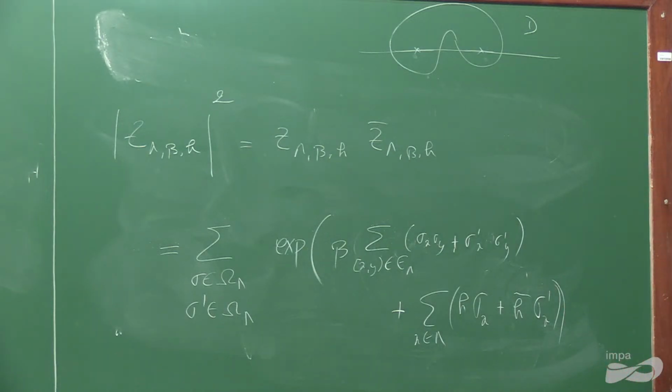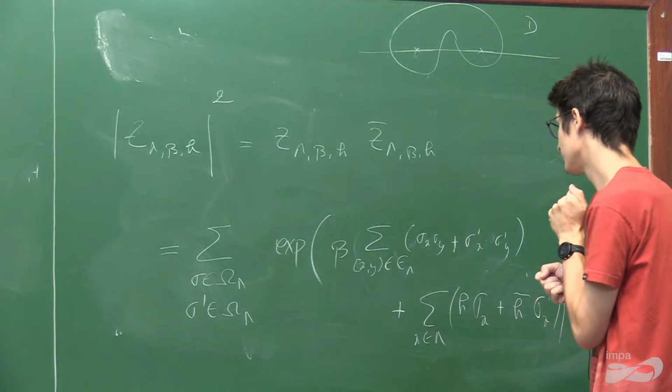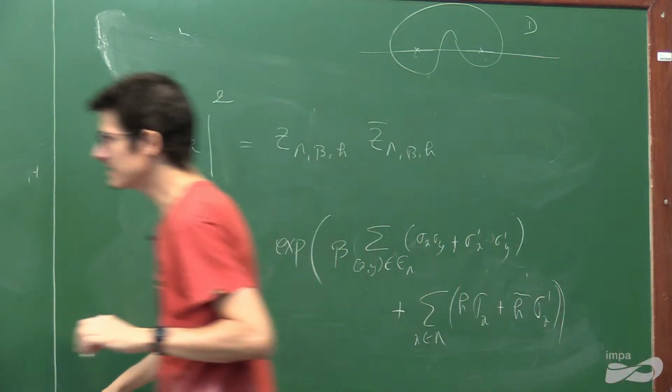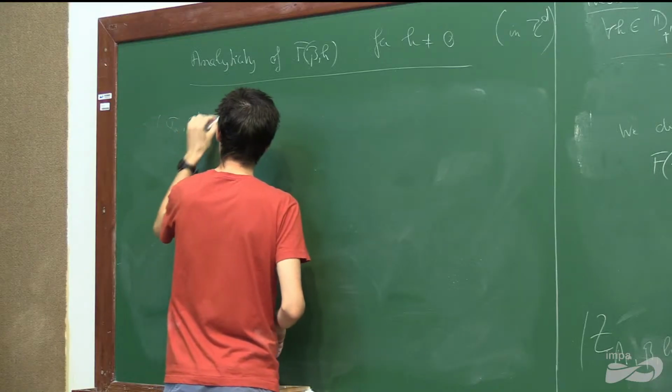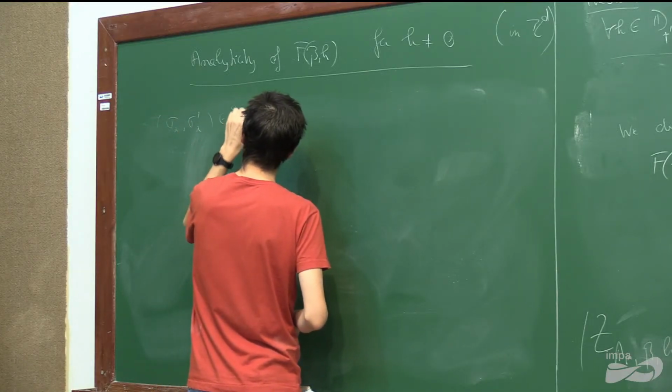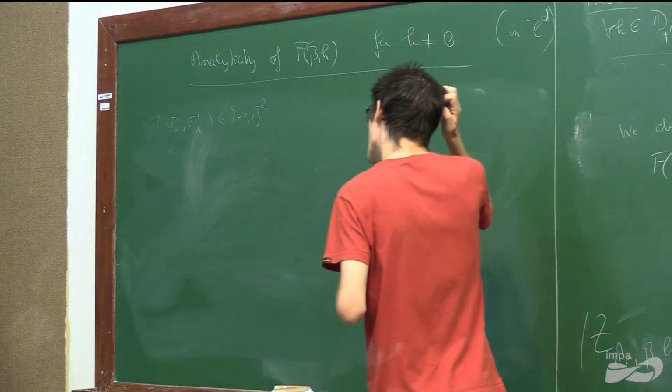Okay, and now we want to make a change of variable in this sum. Okay, so the idea is, basically, if you look at sigma x prime, this is something that belongs to minus 1, 1.